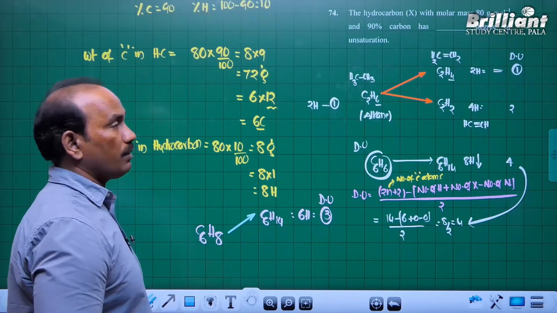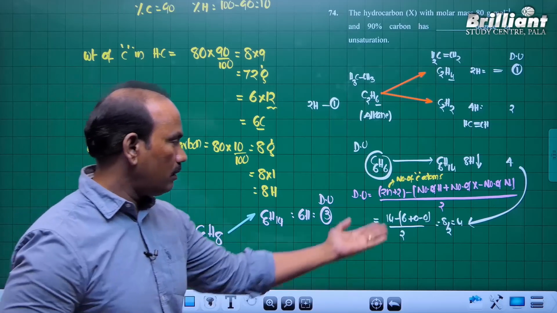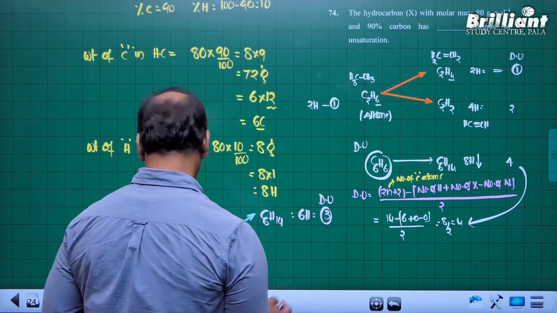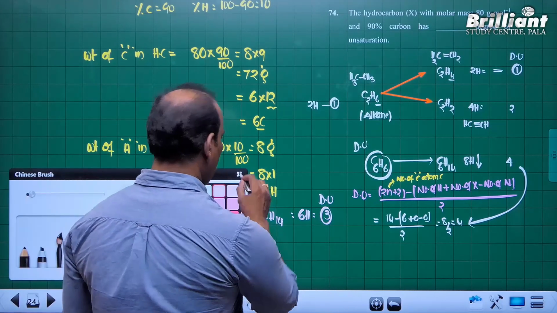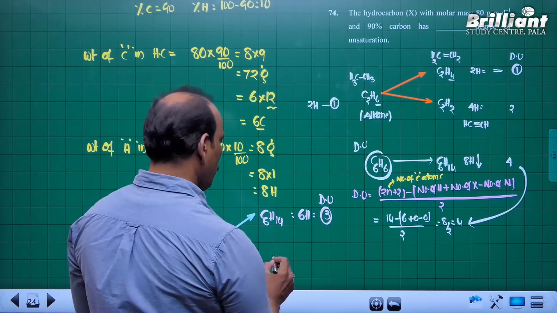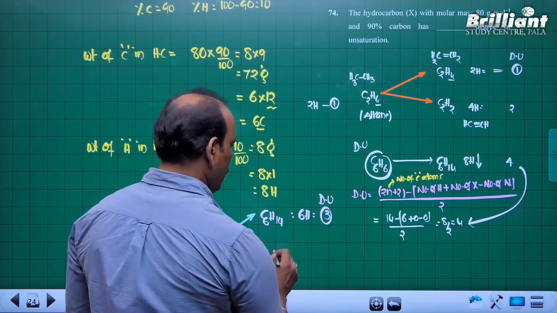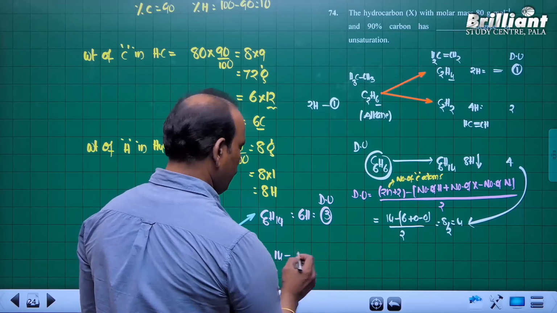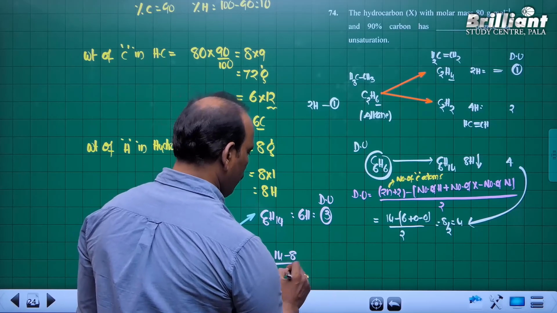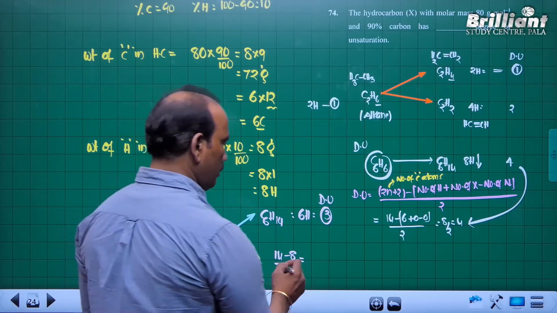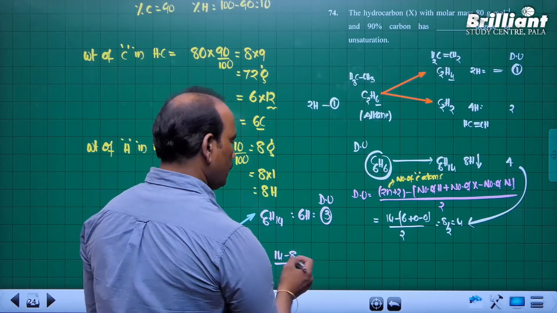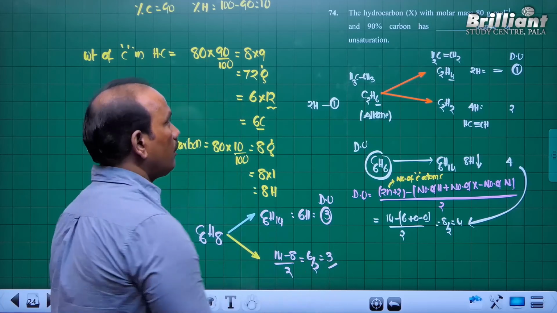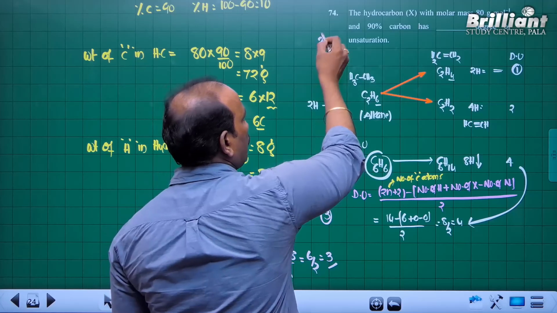This is very difficult, so I want to follow the formula. Format 2: DU equals (2n plus 2 minus number of hydrogens) by 2, that is (14 minus 8) by 2. This is 6 by 2 equals 3. For this one, the answer is 3.